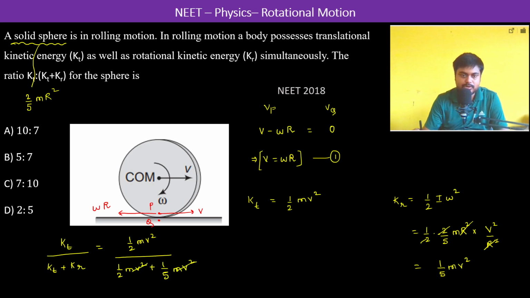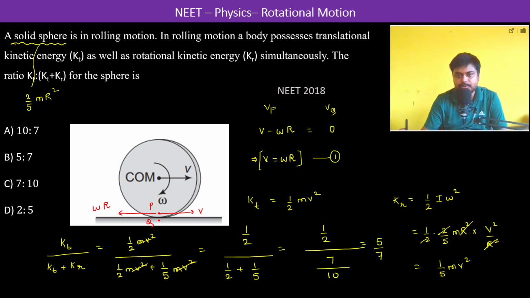Mv square is gone, so this reduces to half divided by half plus 1 by 5, which is equal to half divided by 7 by 10. So this is equal to 5 upon 7. Therefore the answer is going to be B. Thank you.